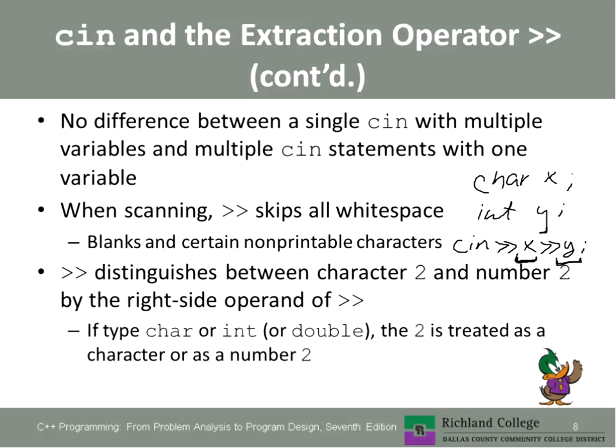So the way that we distinguish when we program what needs to be read, whether it is a character 2 or a number 2, is determined by the data type of the variable where you're storing the data.